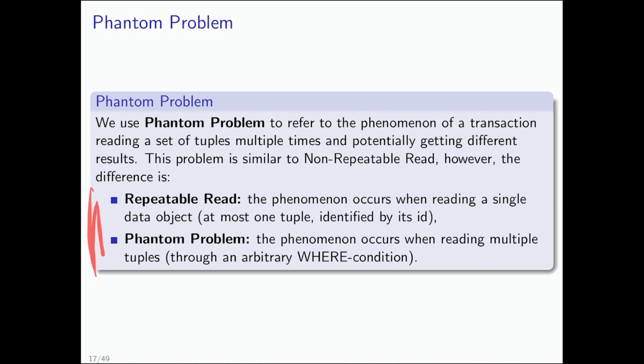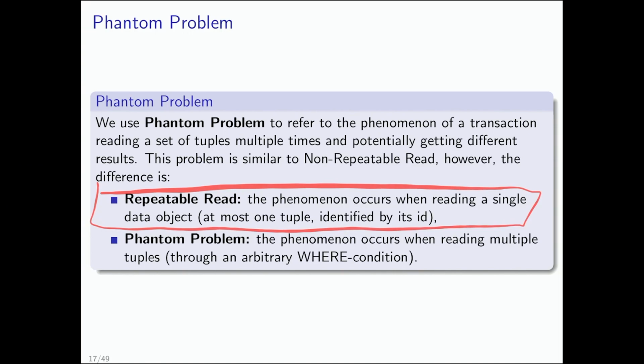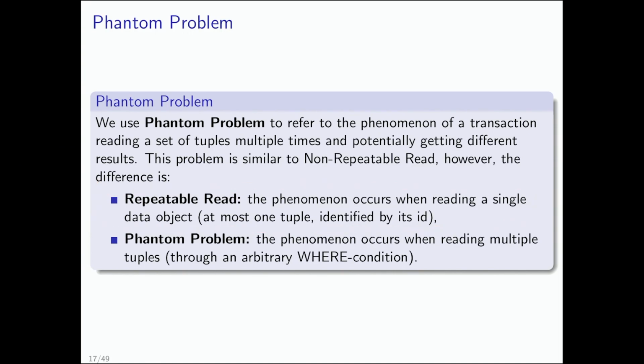Repeatable read is where you read a single data object, which we defined as at most one tuple, or a couple of attributes of one tuple, identified by its ID, its primary key. You read it once, you get one value, you read it a second time, you get another value. That's a non-repeatable read. The phantom problem is on the level where you're not arguing along single tuples, but a bunch of tuples that are typically selected by some where condition, not on the primary key.